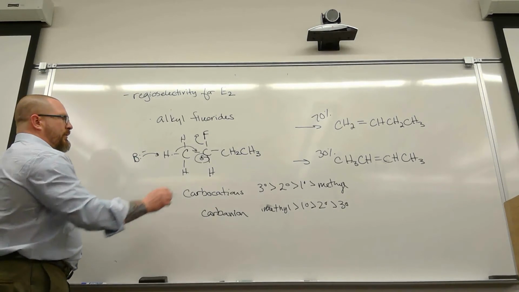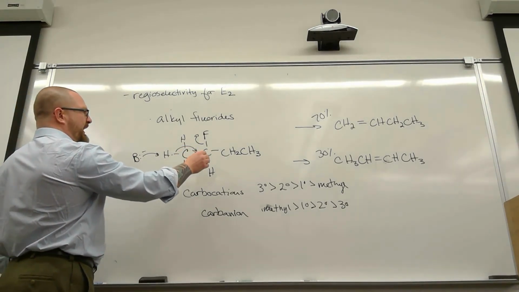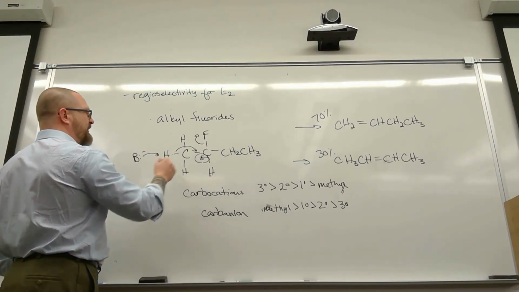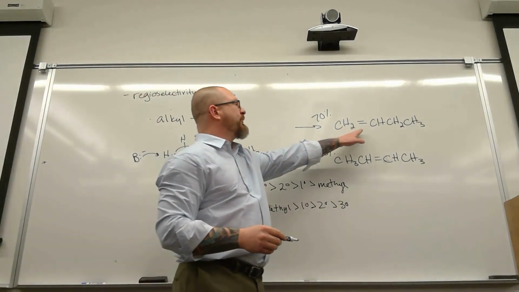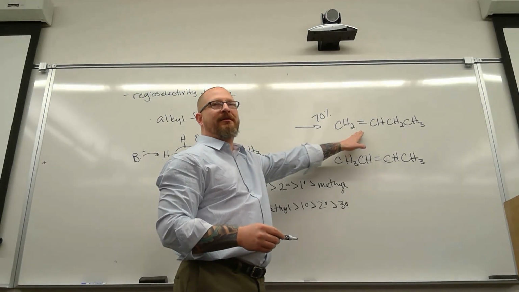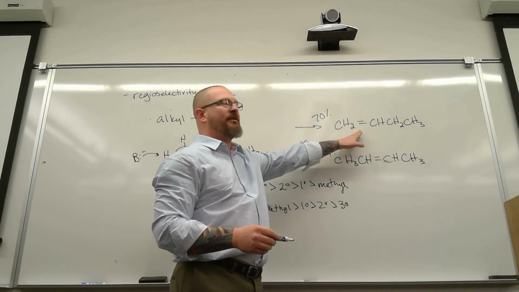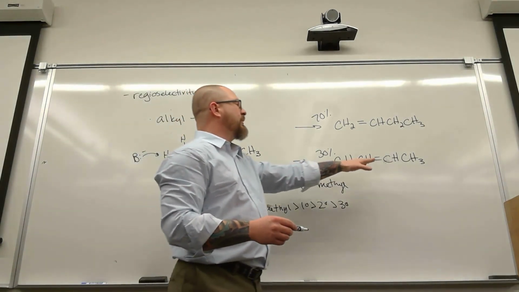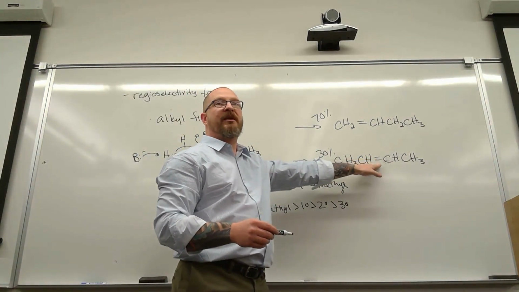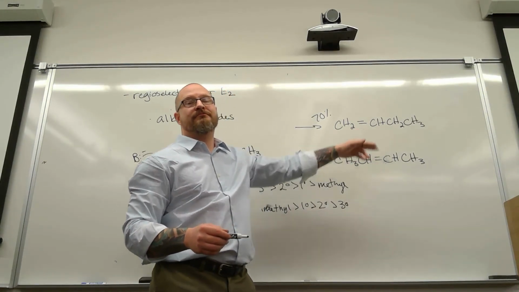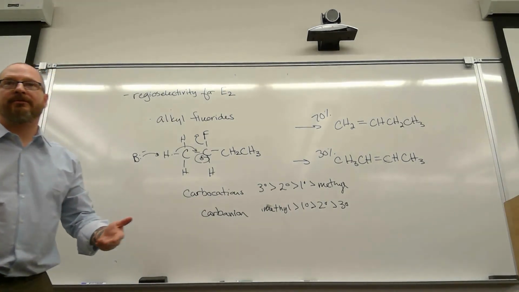So what's going to end up happening is this is going to be preferred because it's going to have less carbanion character in the transition state before the fluoride finally gets removed versus this one, because this one has less hyperconjugation. So that's why the fluorine.